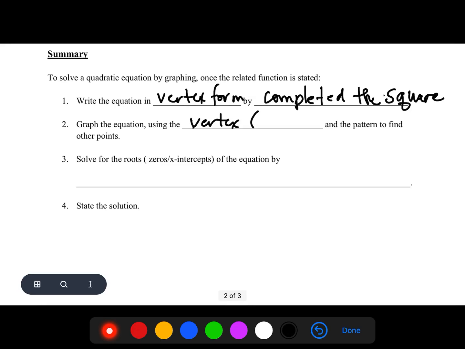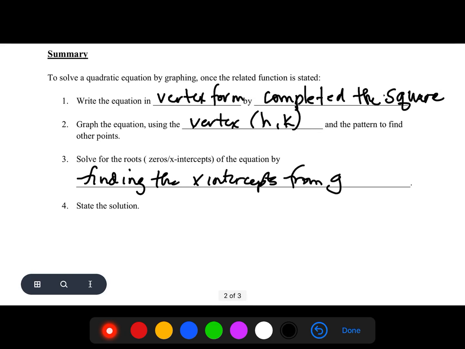And again, we get our vertex from h and k in our vertex form, and we use our pattern to find the other points. And we're going to solve by finding the roots, the x-intercepts, from the graph, and then we just state our solution.